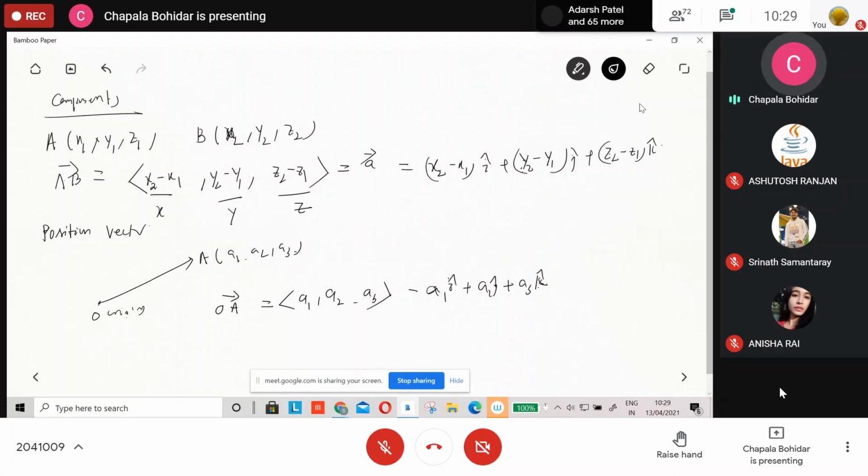Okay. For example, do it yourself. Find the vector represented by the directed line segment with initial point A, that is 2, minus 3, 4, and the terminal point B is your minus 2, 1, 1.